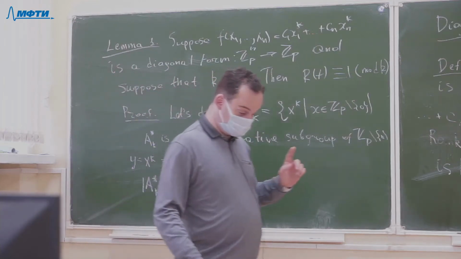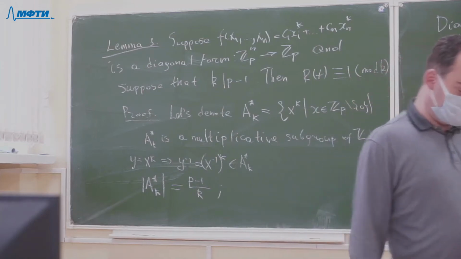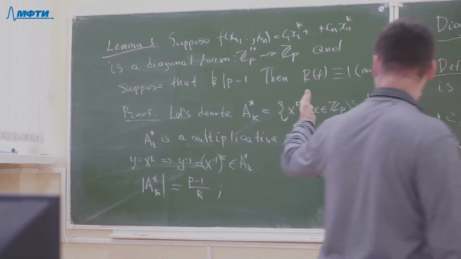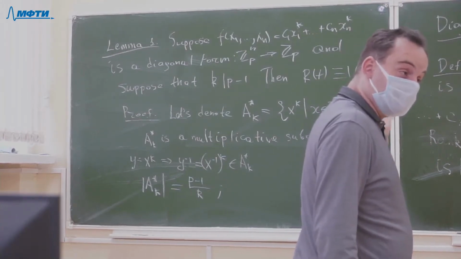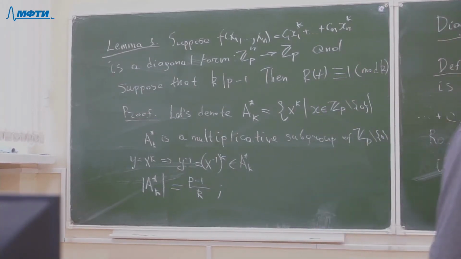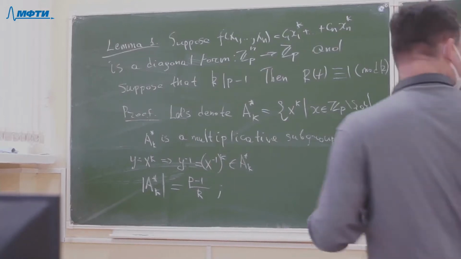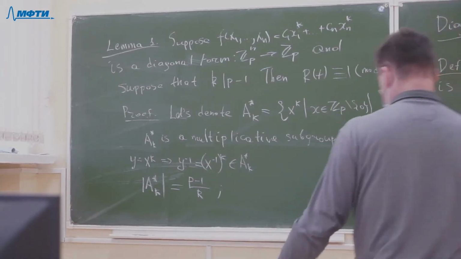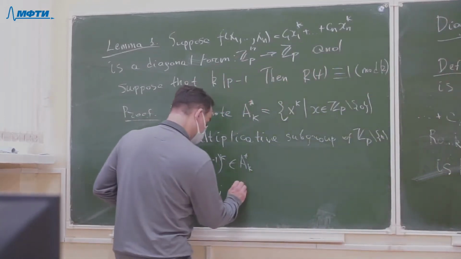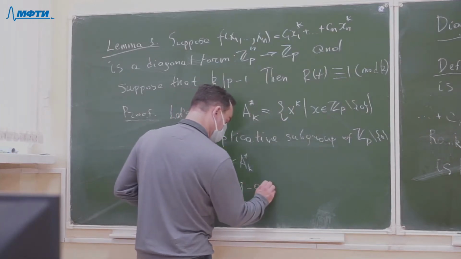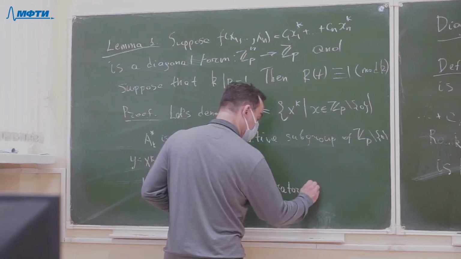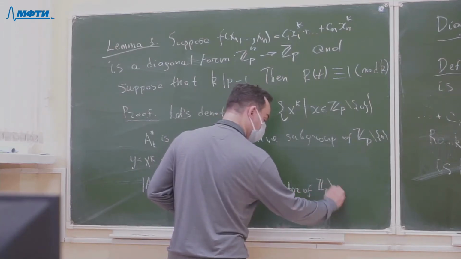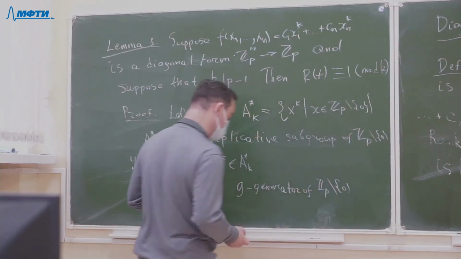Remember this fact that the multiplicative subgroup of Z_p is a cyclic group, right? So we have a generator of this cyclic group. Do you understand, Diego? G is a generator of Z_p without 0.